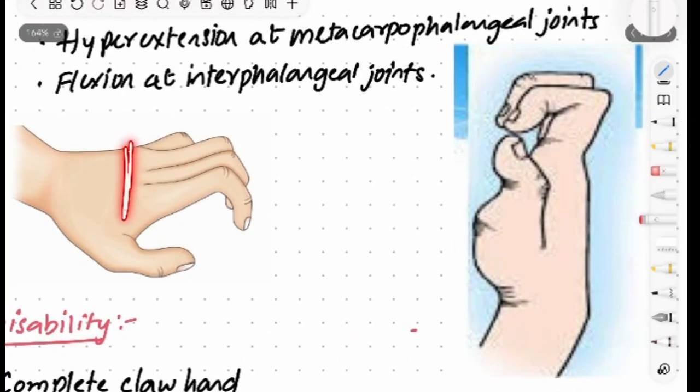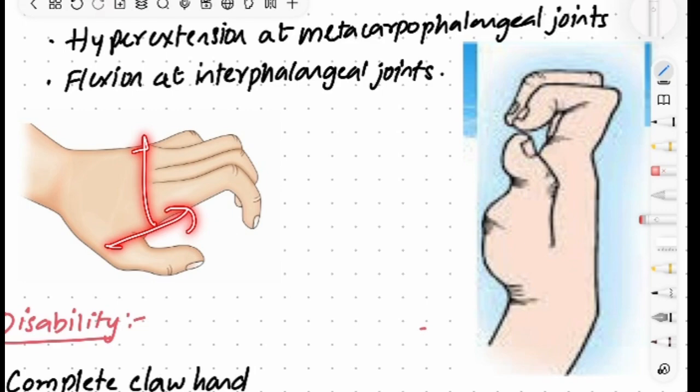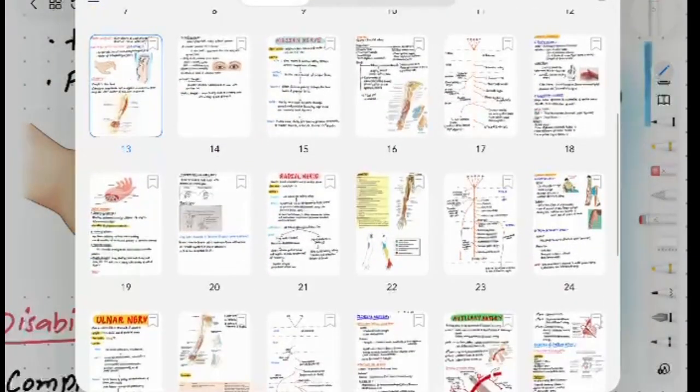So here there are metacarpals, right? These are phalanges. So there is hyperextension at metacarpophalangeal joints, and there will be flexion at interphalangeals. This is one phalange and this one phalange, so there will be a joint here. So this is a typical clinical feature of the claw hand.